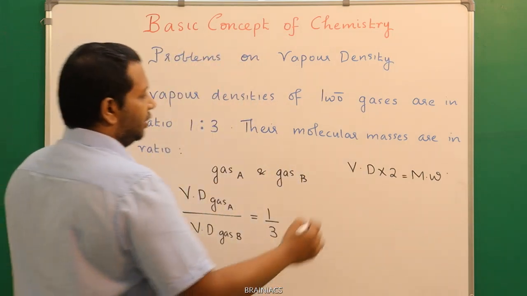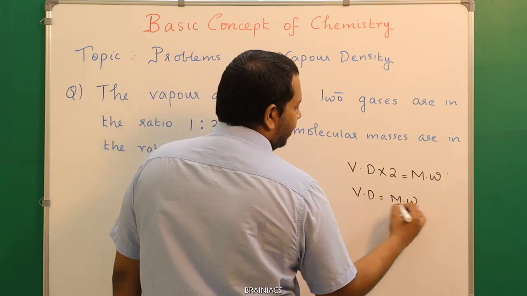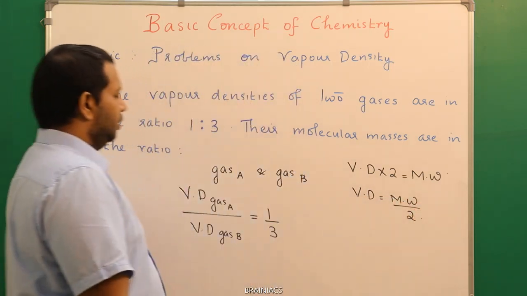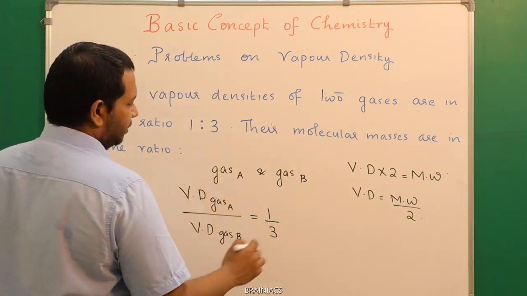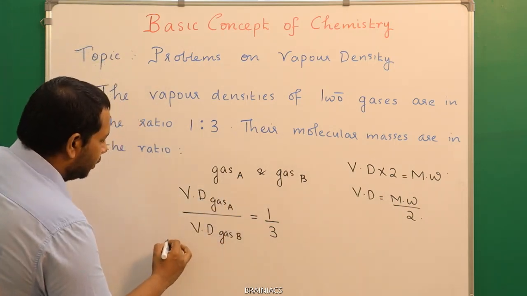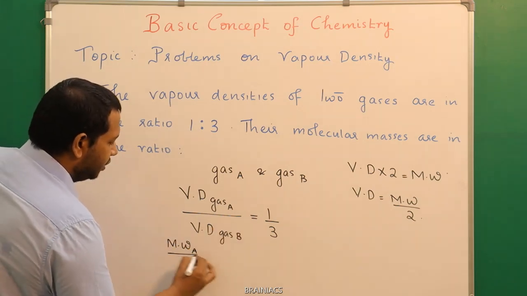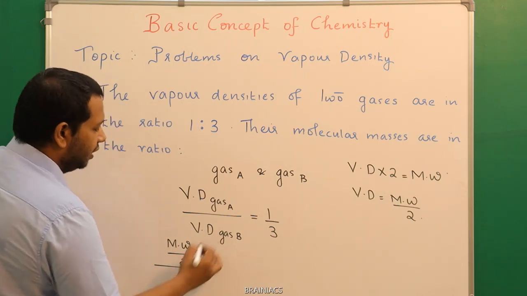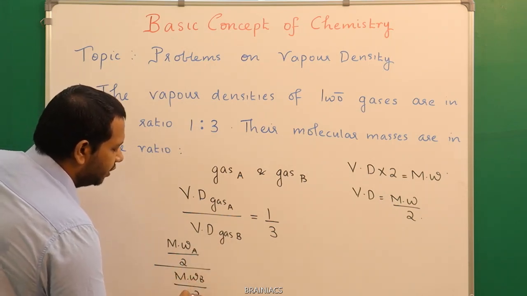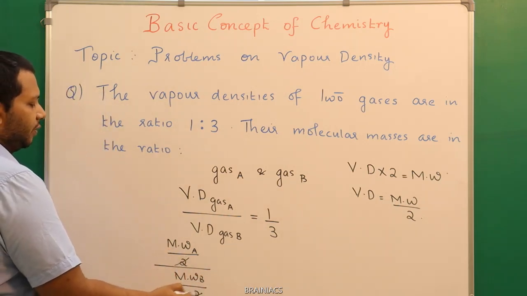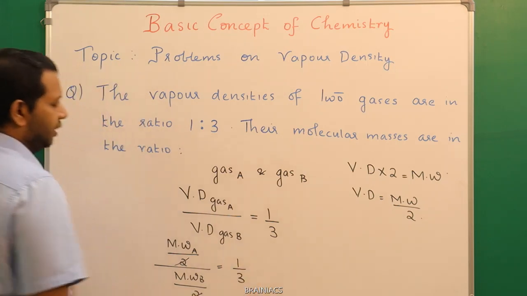Now I can write here vapor density is equal to molecular weight divided by 2. So I can substitute the vapor density of gas A as molecular weight of A by 2, divided by molecular weight of gas B divided by 2. Since 2 is a common factor, we can cancel it out, and we will write it here 1/3.